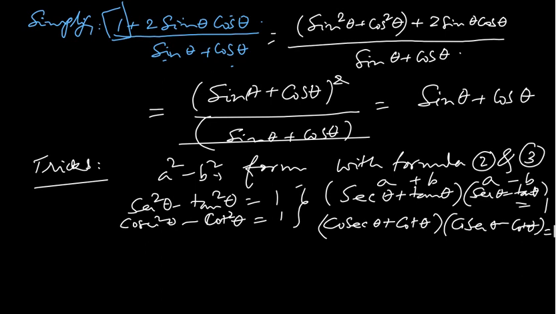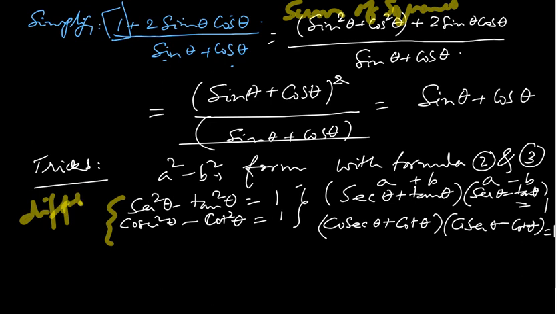These do have a high significance. The previous one, when we use the sine square theta plus cos square theta, this is nothing but the sum of the squares. That means you have two squares and you sum them up. These two are the difference of squares. Which two?